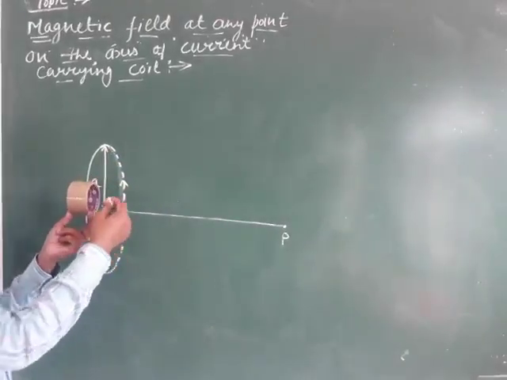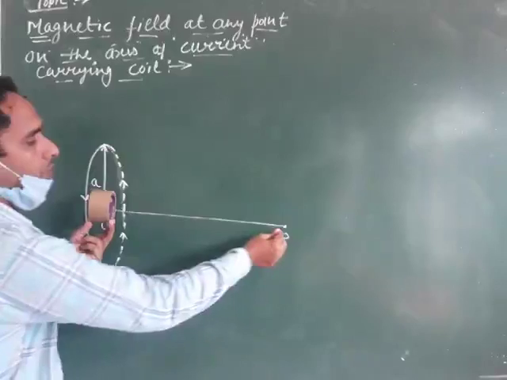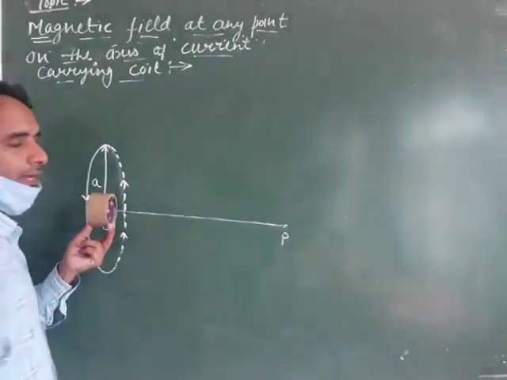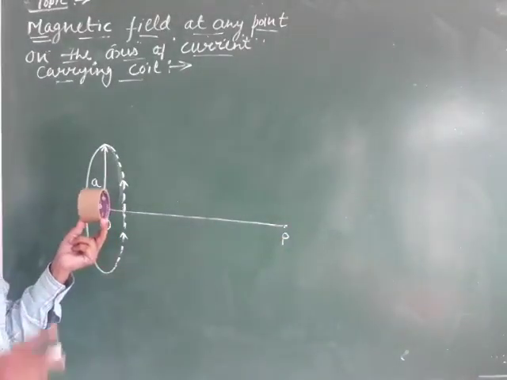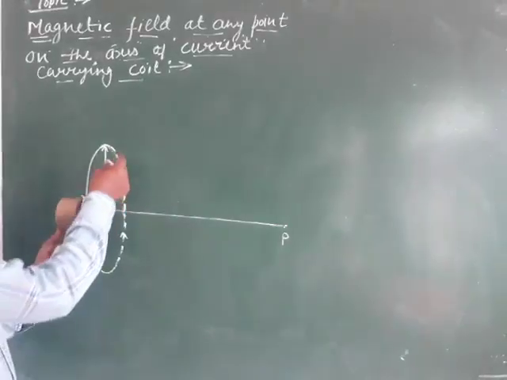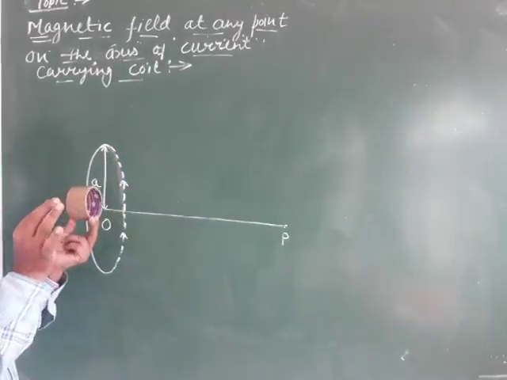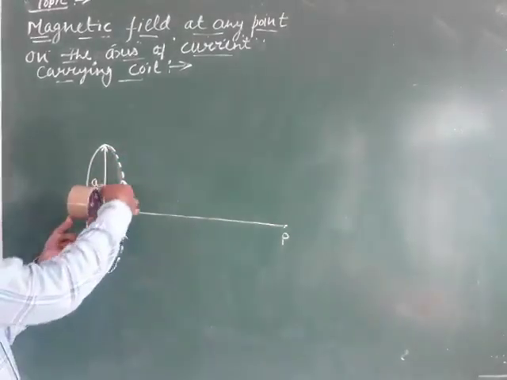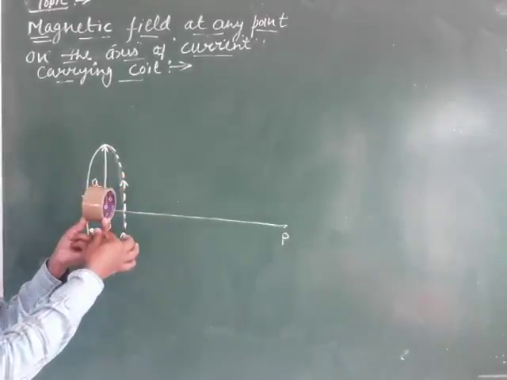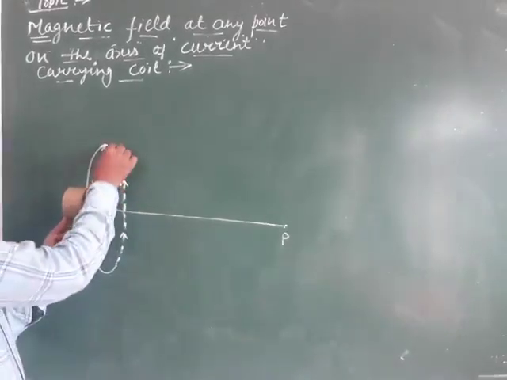By the use of Biot-Savart law, you need the value of the magnetic field here. For this purpose, we take a current element AB on the surface of this coil.